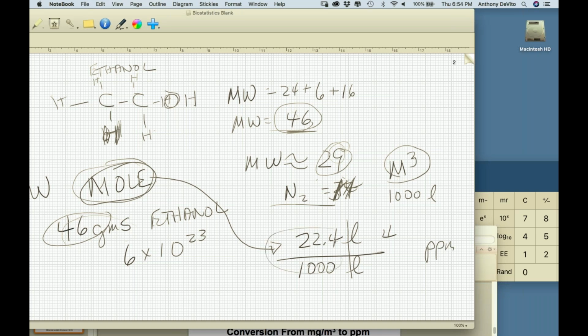This is how much ethanol we have, what volume of ethanol we have to 1,000 liters of air. Okay, so this ratio, 22.4 over 1,000, well, what does that turn? 22.4 over 1,000 means I move this over 1, 2, 3. It's 0.0224. Okay, so how many ppm does that represent? It's 22,400 parts per million. Yes.